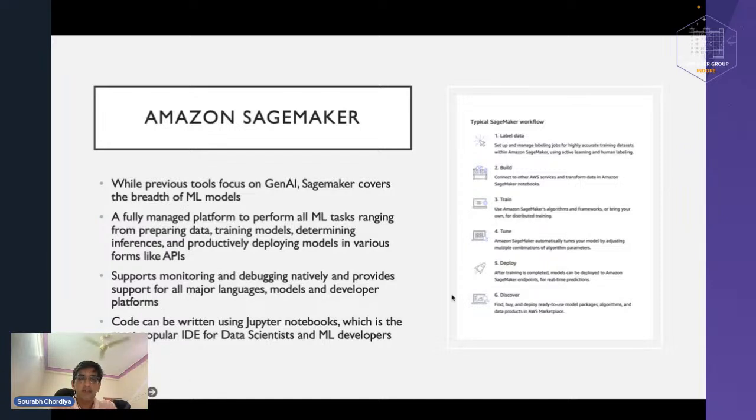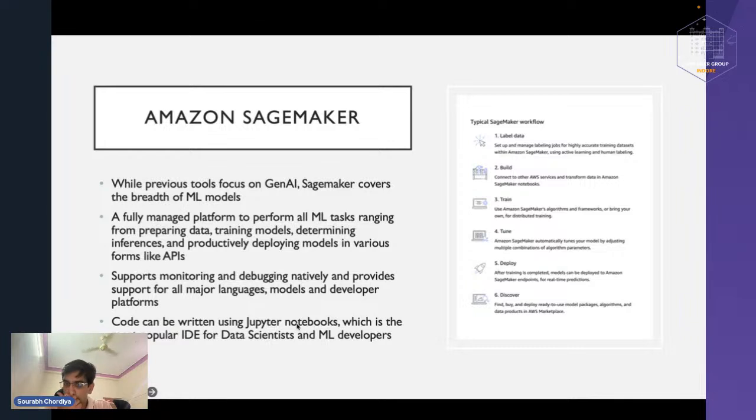It has very nice monitoring and debugging features, which basically allows you to, in any language, primarily you would have heard about Python or R, but then there are other languages available as well, create machine learning models. Most of those are supported, and the code can be written in Jupyter notebooks.